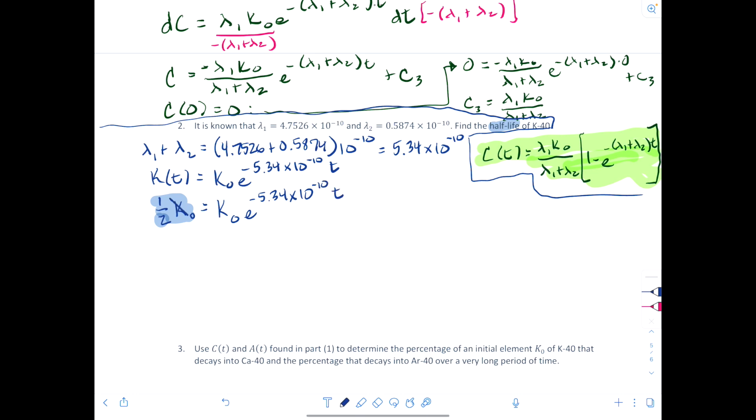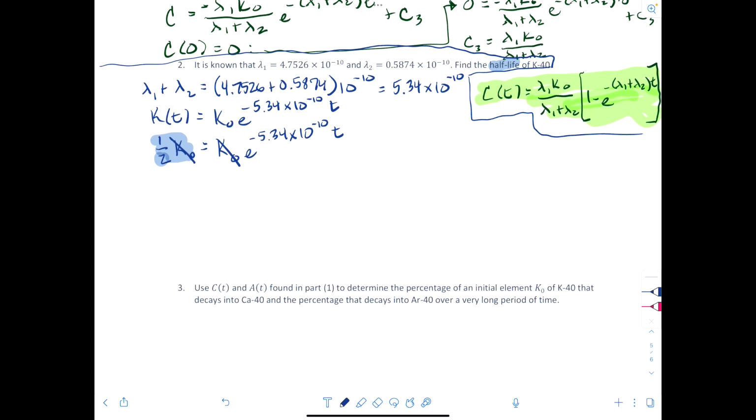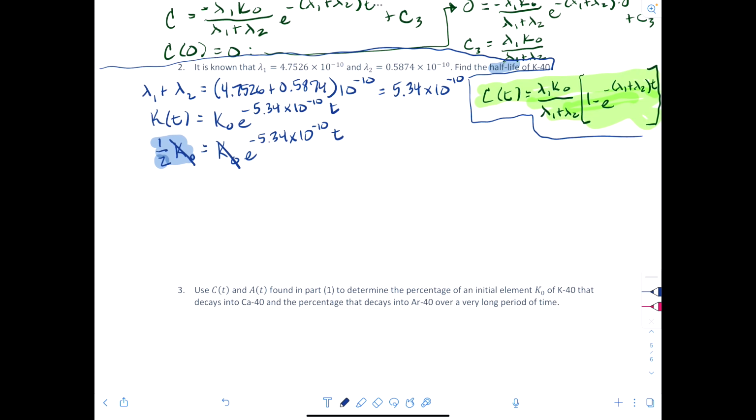Well, the k0s are going to divide out to be 1. Natural log of 1/2 using properties of logs is negative natural log of 2. That's going to equal negative, because I'm natural logging both sides, 5.34 times 10 to the negative 10 t.